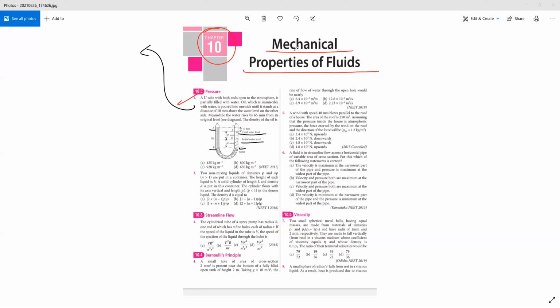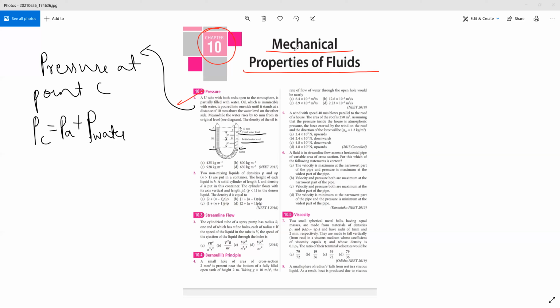So here from the diagram, the pressure at point C is given by the formula PC is equal to PA plus density of water into acceleration due to gravity into height of the water, where H water from the diagram is nothing but the CE level.